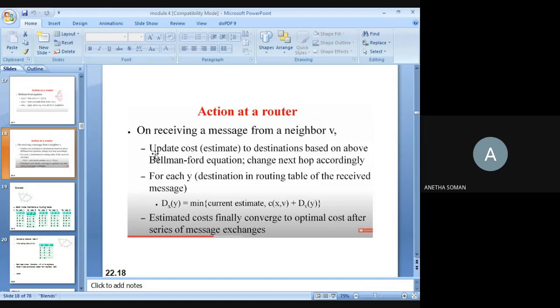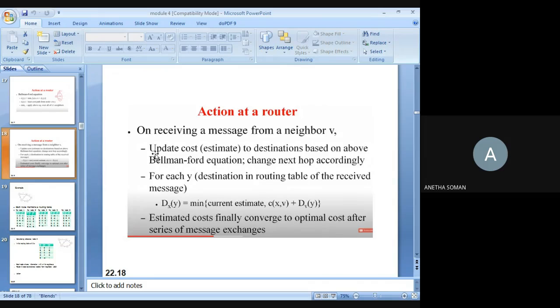That means the routing table is now stable. It was unstable initially, and becomes stable once it reaches final convergence. So this is the working principle of the distance vector routing algorithm.